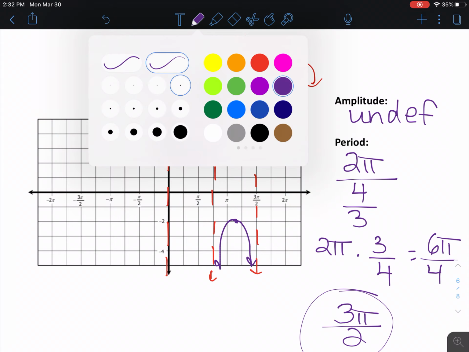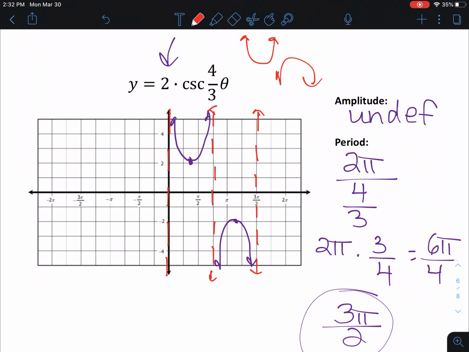So I'm going to start by sketching in my asymptote lines. All right, and this goes, remember to do all the way out to the edge of each graph that you do.